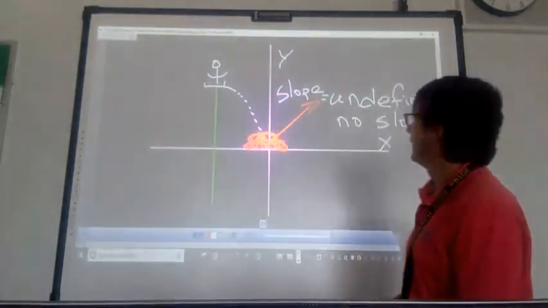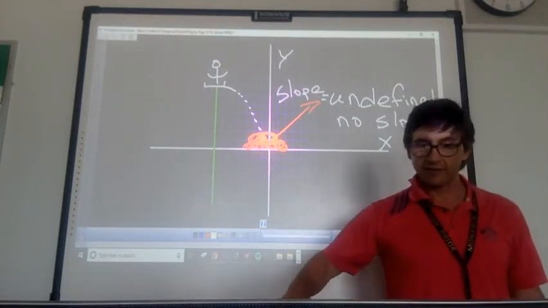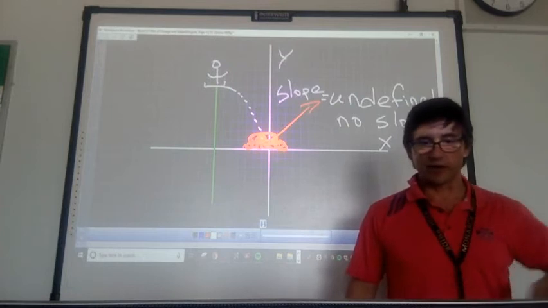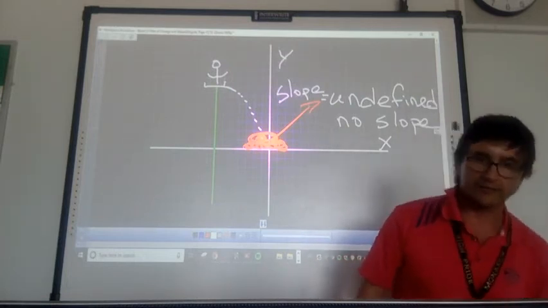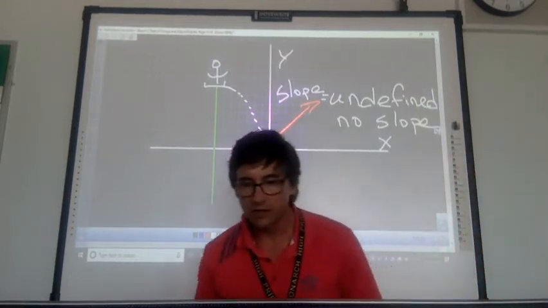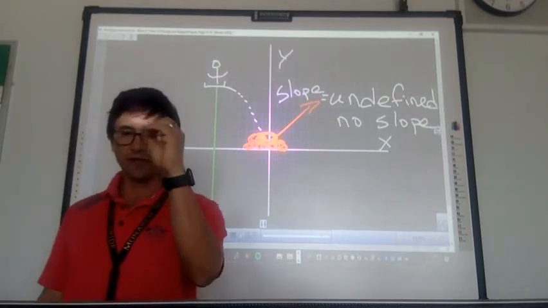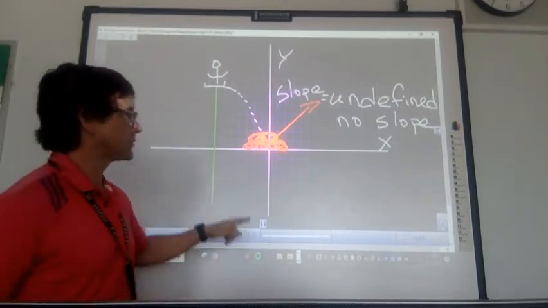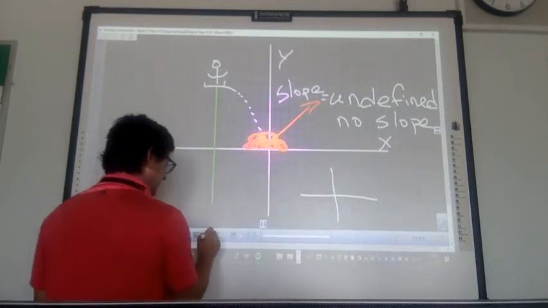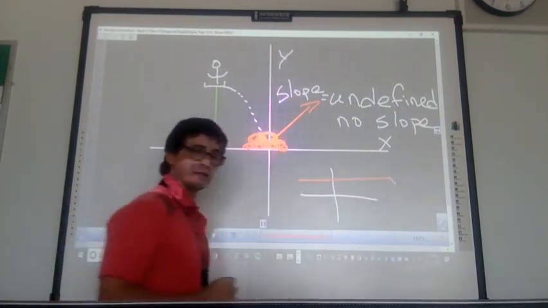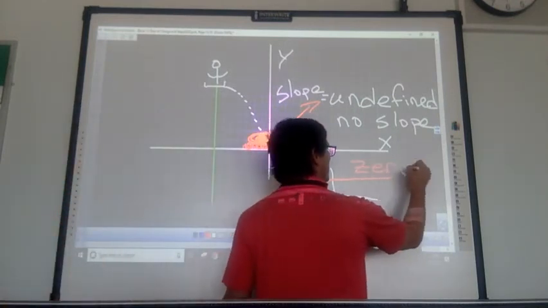There we go. So if you've been on a snowboard, you've been on a flat, right? You ski down the run, and all of a sudden it kind of flattens out, and you still got a ways to go to the chair. And you have to do one of these moves, right? You kind of hop along. That is zero fun. So if you have a line that is horizontal, you think zero fun.